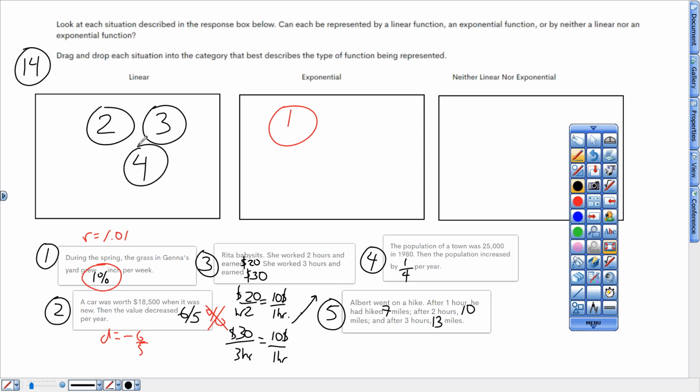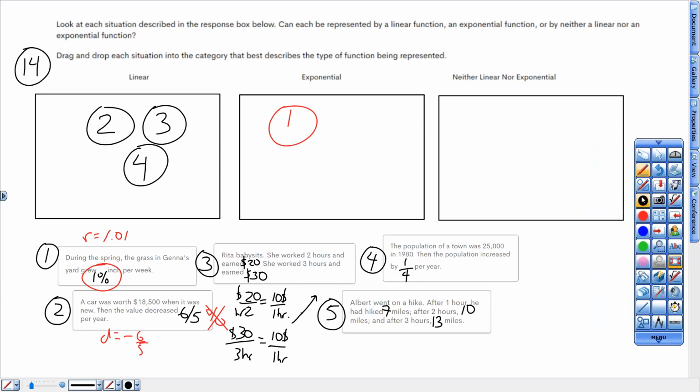And then next one, I got Albert walking on a hike. I would write him out maybe if you can't see this. So 1, 7, 2, 10, 3, 13. Look at your rate of change, and not the hours, but the miles, going up by 3, going up by 3. That makes this a linear situation. So 5 would be linear.